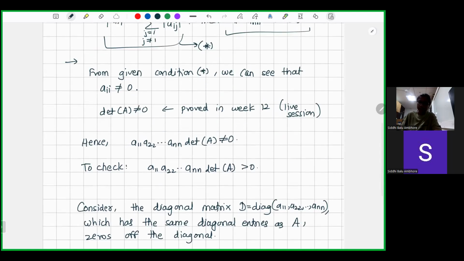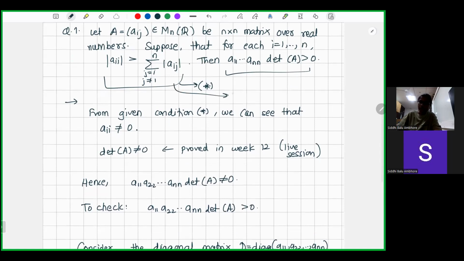This condition is called diagonally dominant.